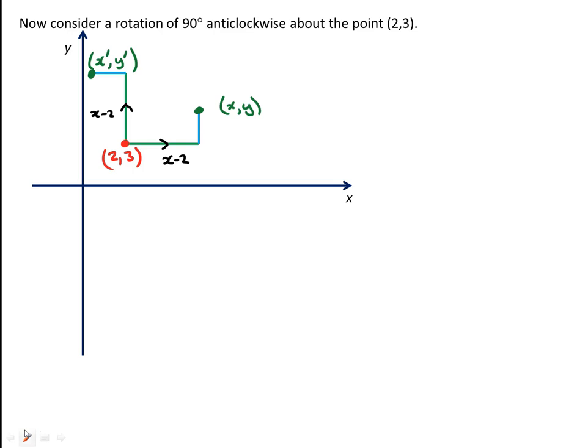And that means that in moving from 2, 3 up to the image point, I am going to be moving up by distance x minus 2. So I can say that y dash, that's the y coordinate of the image, is going to be 3 plus x minus 2. In other words, it's going to be x plus 1.